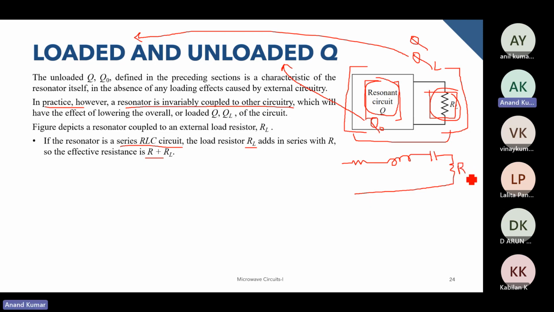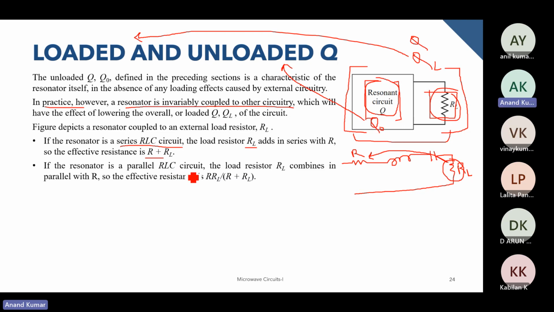This is your load resistance. So this RL will be in series with this R, and this essentially means the total resistance will be R plus RL.